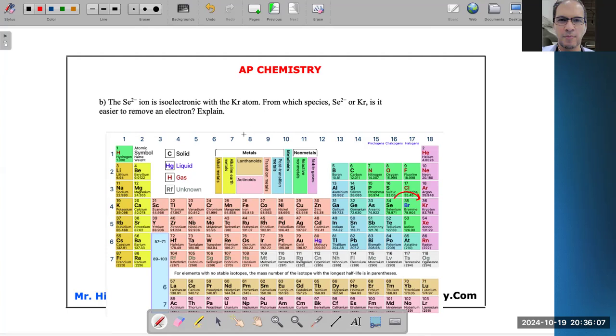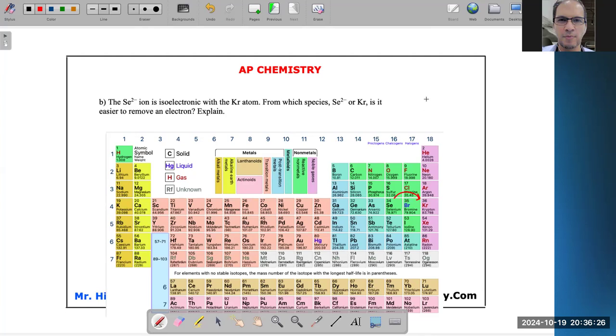Which one is easier to remove an electron from? Which one will have the smaller ionization energy, Julian, selenium or krypton? Selenium. Why? Because krypton is a noble gas.